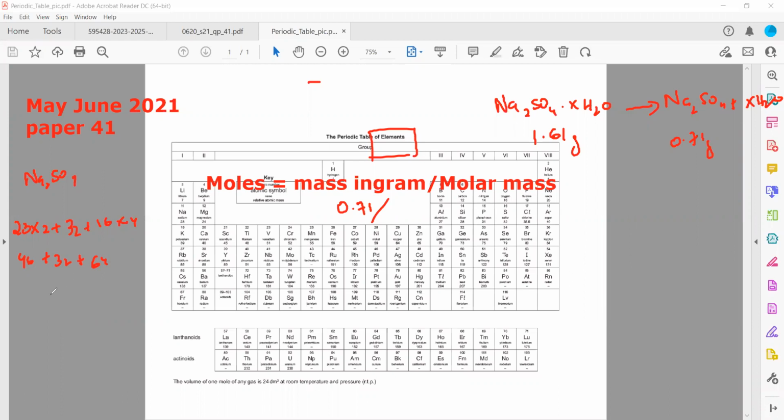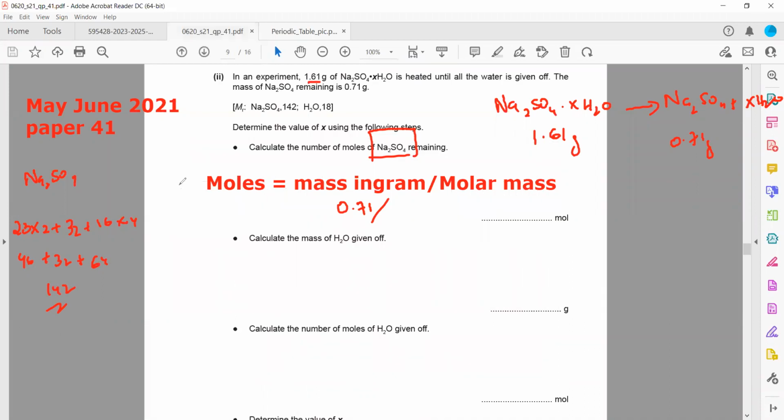So 142 is the molar mass of sodium sulfate. So 0.71 divided by 142 is 0.005 moles. These are the moles of sodium sulfate produced from hydrated sodium sulfate.